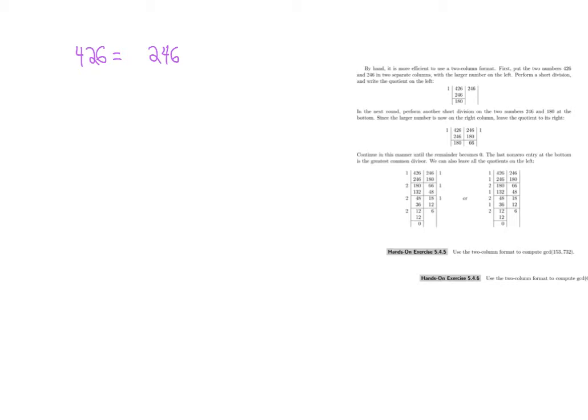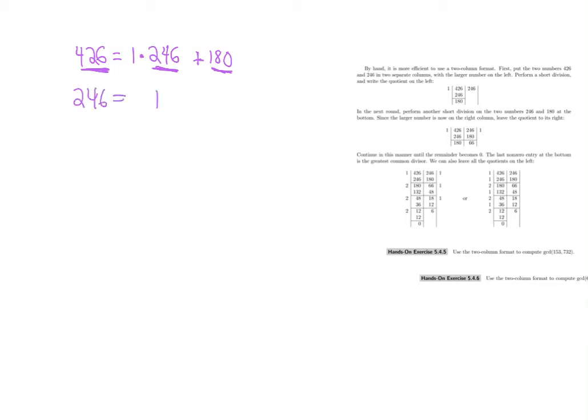So 246 goes into 426 once, and the remainder is going to be 180. As I said, I like to underline my A, my B, and my R at each step.